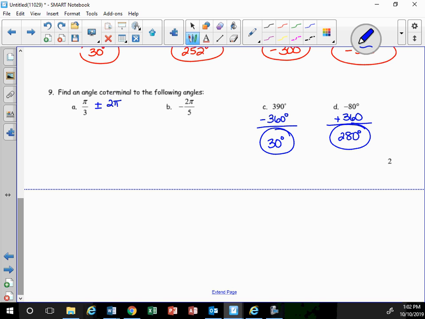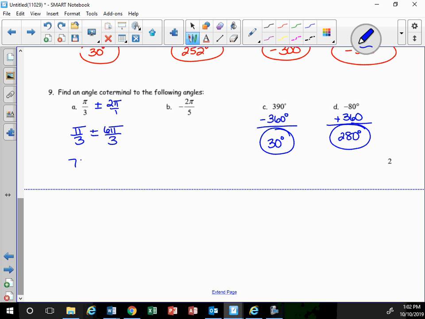So how do I add or subtract fractions? Common denominator. What's the common denominator going to be? 3. So this is really pi over 3 plus or minus. Yeah, are we okay with that? 6 pi over 3? So if I add, what's 1 pi plus 6 pi?